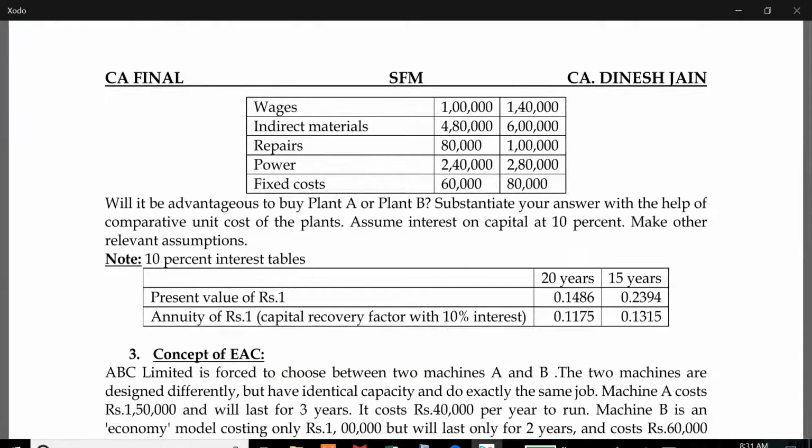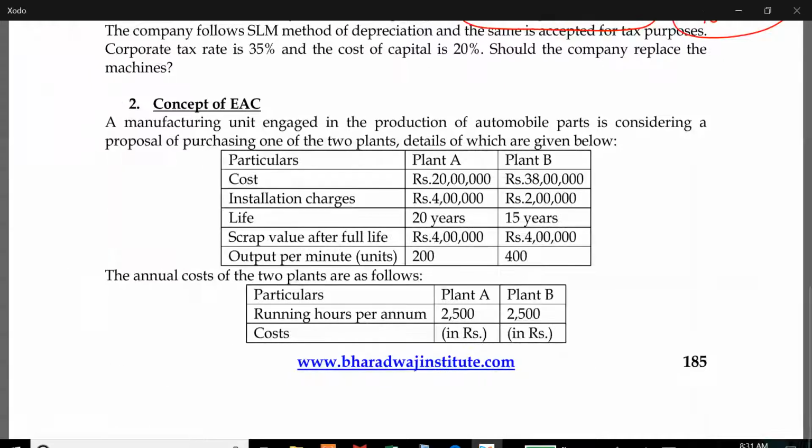Now, we are going to have only costs, so we will keep capturing the costs and add everything. That is your in between outflow. Cost and installation charges are fine.